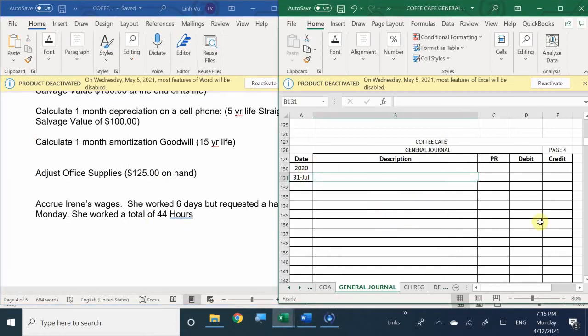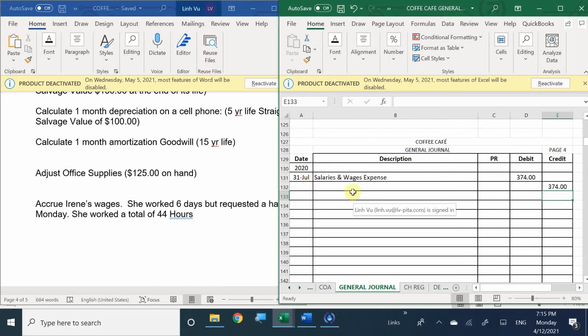We can say that for the salaries and wages expense, we can accrue that for Irene. We're going to take 44 times $8.50 to get a grand total of $374.